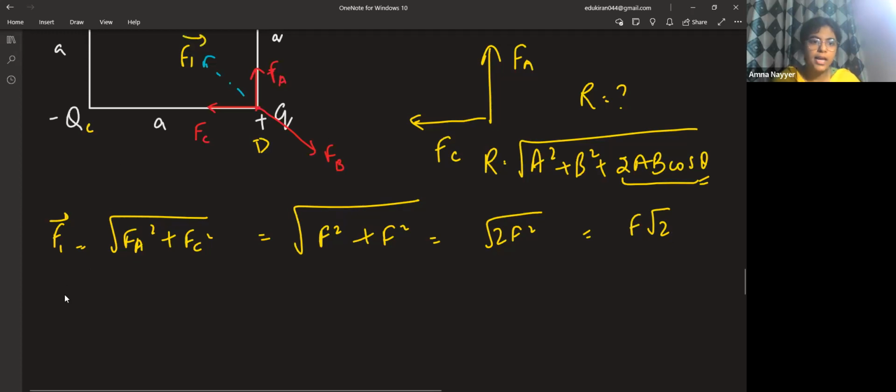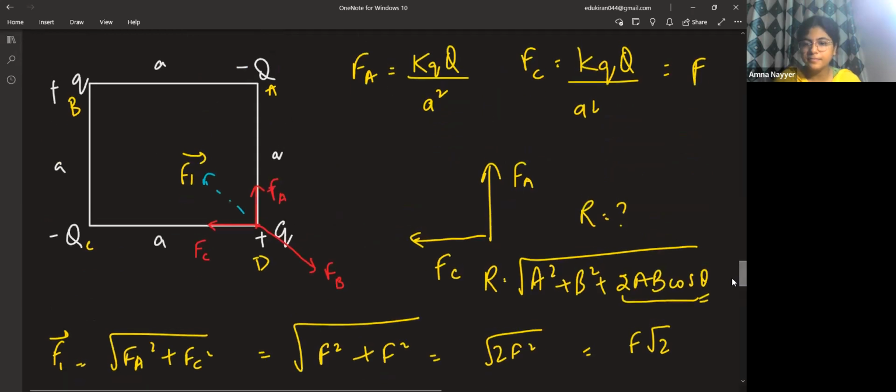What is FB? Can you tell me the value of FB? See, this is one side A, this is one side A, so the diagonal is the square root of A square plus A square, that is root 2A.